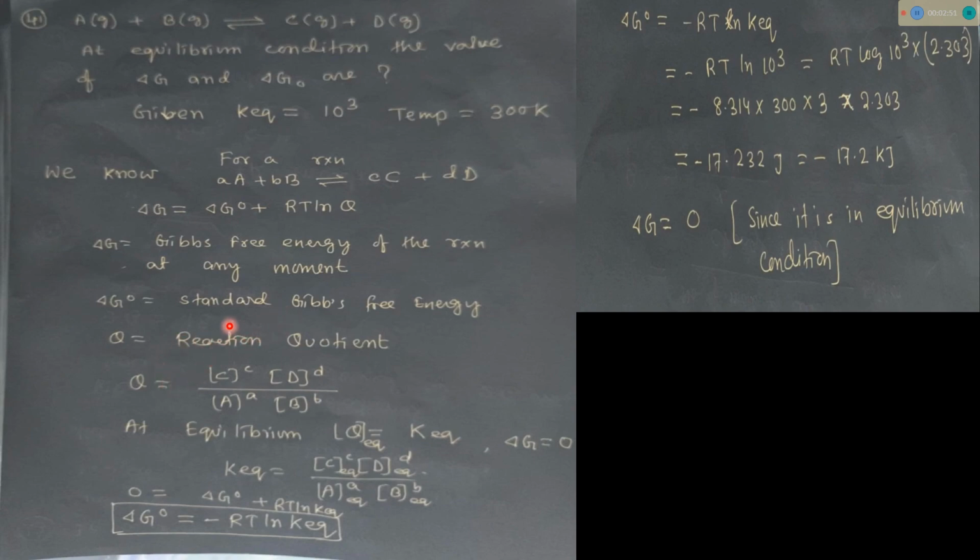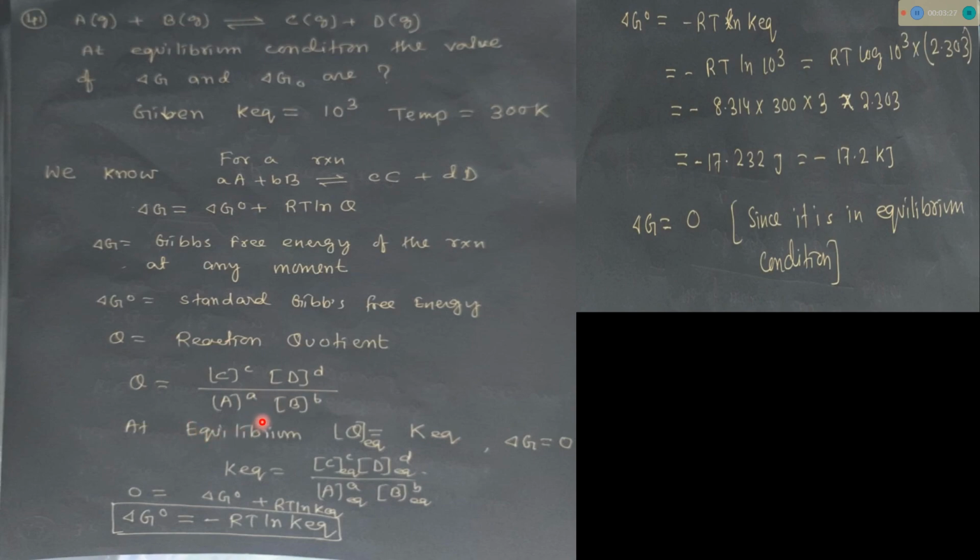It's the ratio of the concentration of product with appropriate power upon the concentration of reactant with appropriate power. Now at equilibrium conditions, this Q term becomes K equilibrium. Normally at any time Q is called the reaction quotient, the concentration of product upon concentration of reactant with their appropriate power.